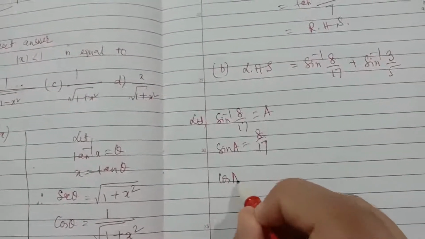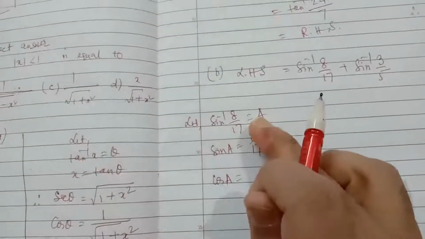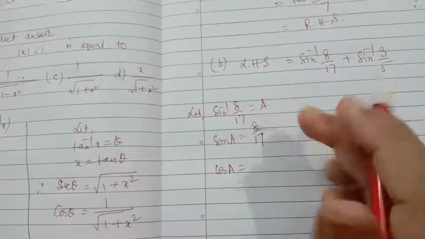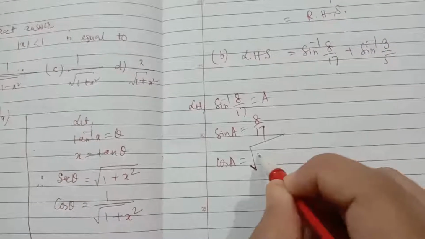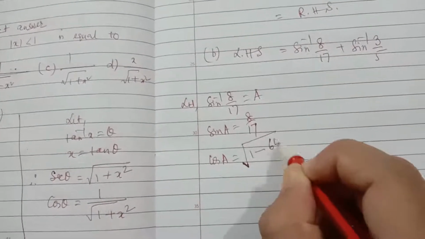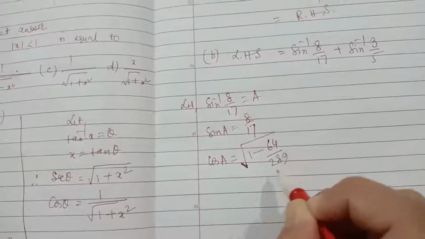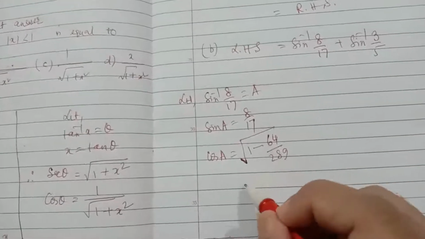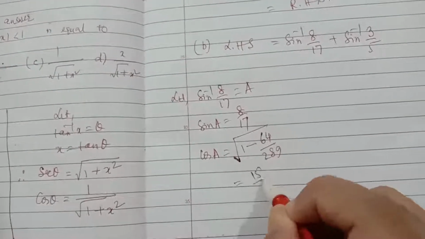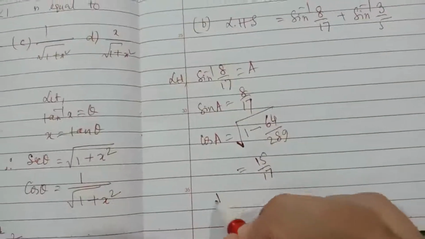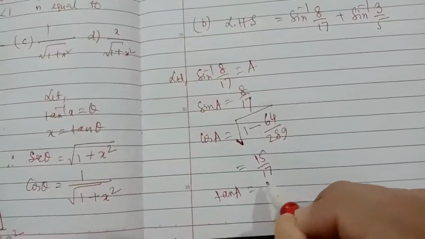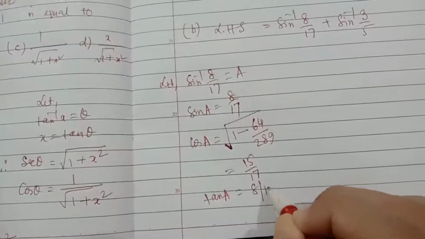Therefore, cos a is root over 1 minus sine square a, that is 289 minus 64, 64 by 289. It will be 15 by 17, cos a, and therefore tan a will be sine by cos, so it will be 8 by 15.